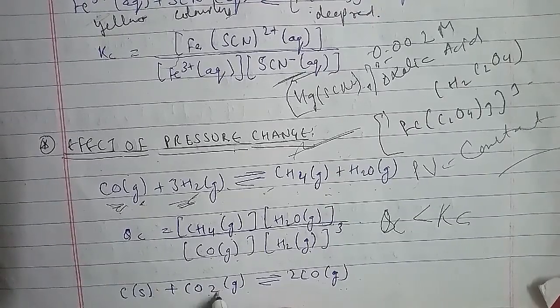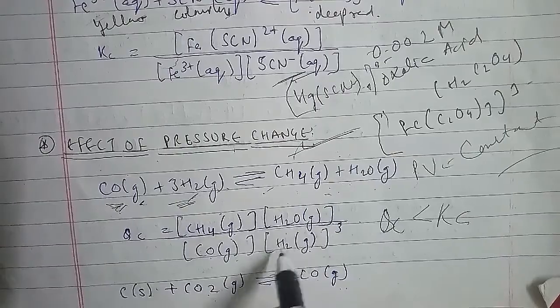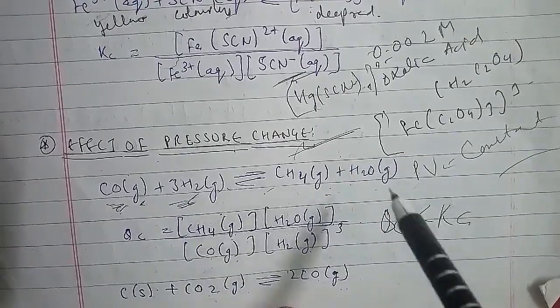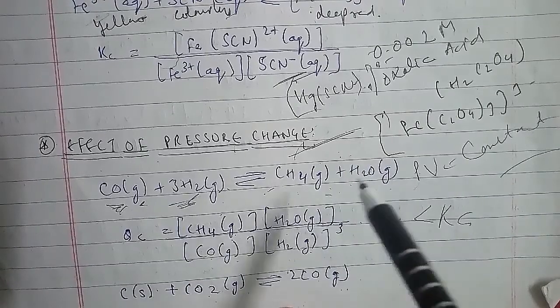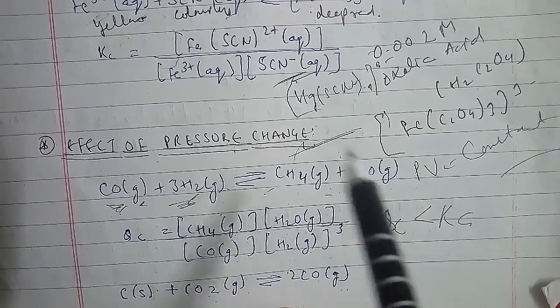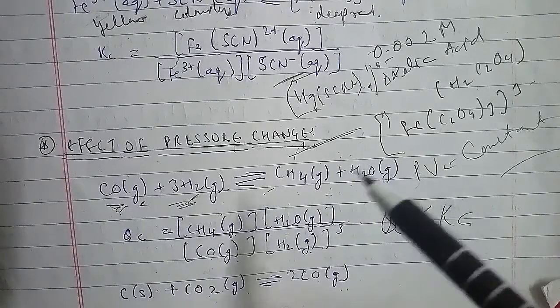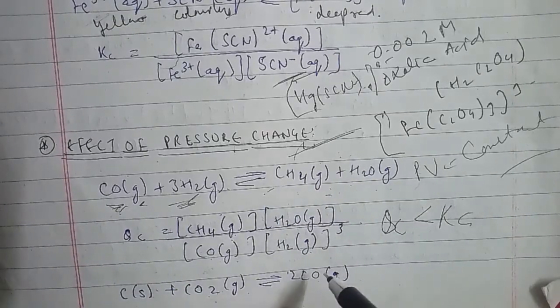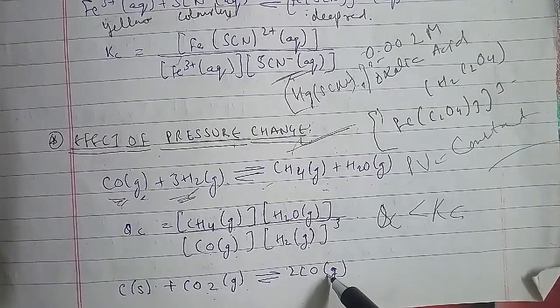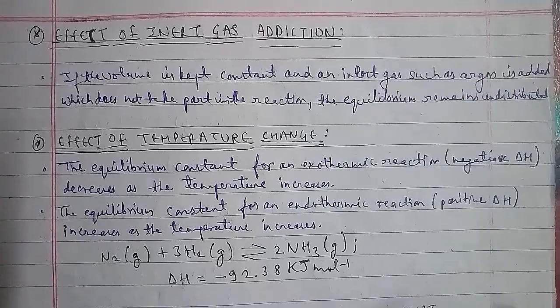It is because the addition of an inert gas at constant volume does not change the partial pressure or the molar concentration of the substances involved in the reaction. The reaction quotient changes only if the added gas is a reactant or a product involved in the reaction.